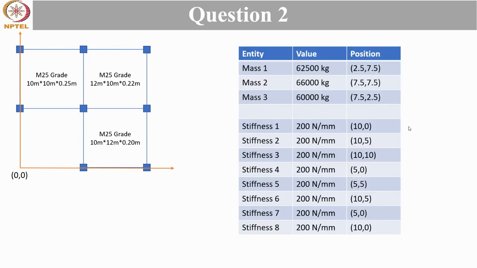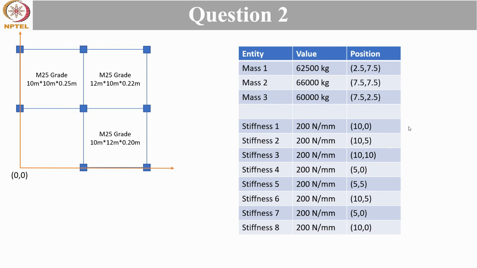Now, how do we obtain the value of masses? Mass is nothing but density into volume. The density of concrete is 25 kilonewton per meter cube, and volume is nothing but length into breadth into height. We know length, breadth, and height for each slab. So multiplying them, we get the mass of 62500 kg for mass 1, and the center of mass for the first slab is at the center of that slab, because it has a uniformly distributed mass.